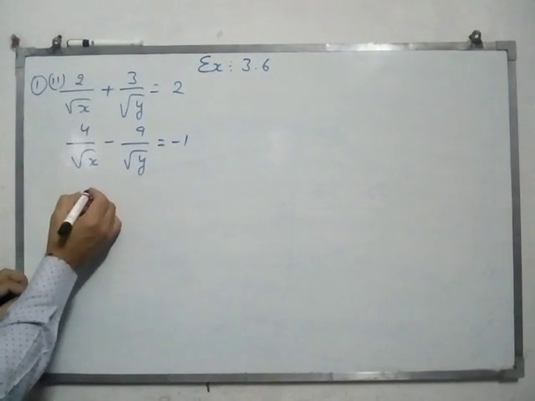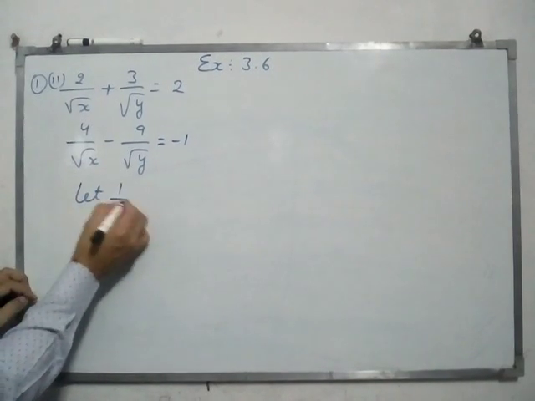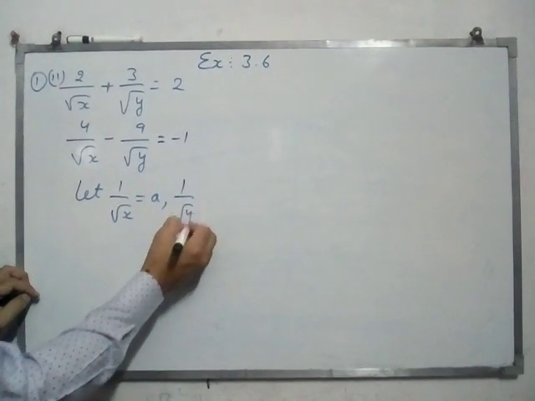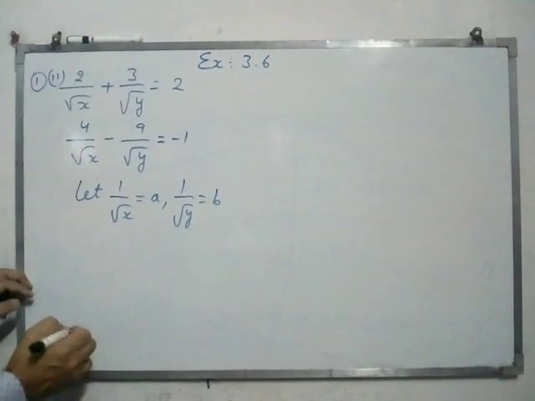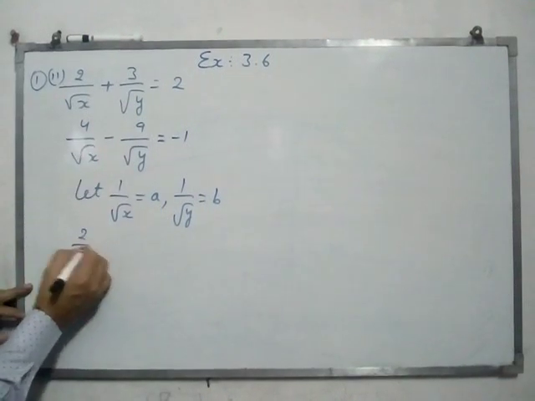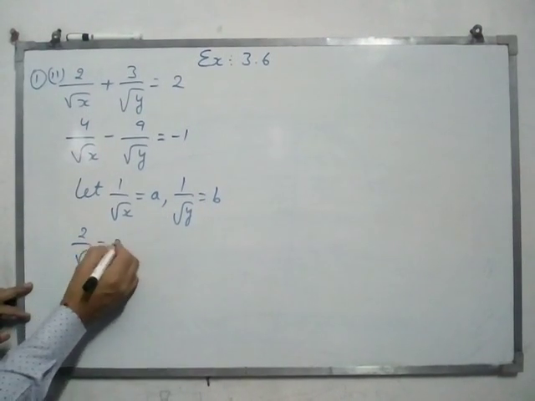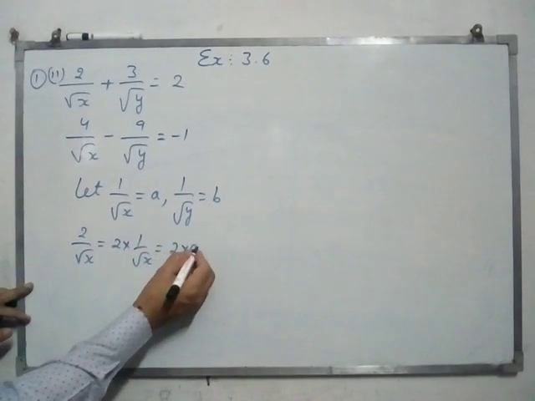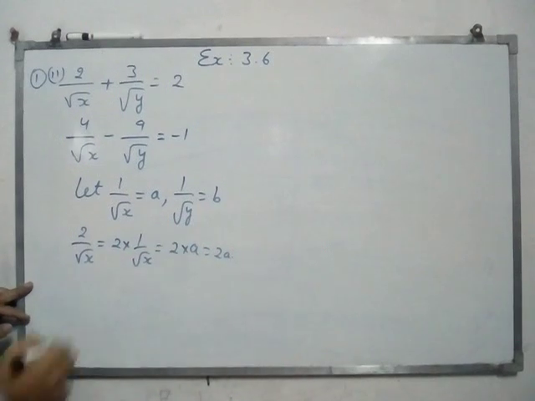So let 1 upon under root x be equal to a, and 1 upon under root y be equal to b. So we can write 2 upon under root x, that is 2 into 1 upon under root x, so it becomes 2a, right?